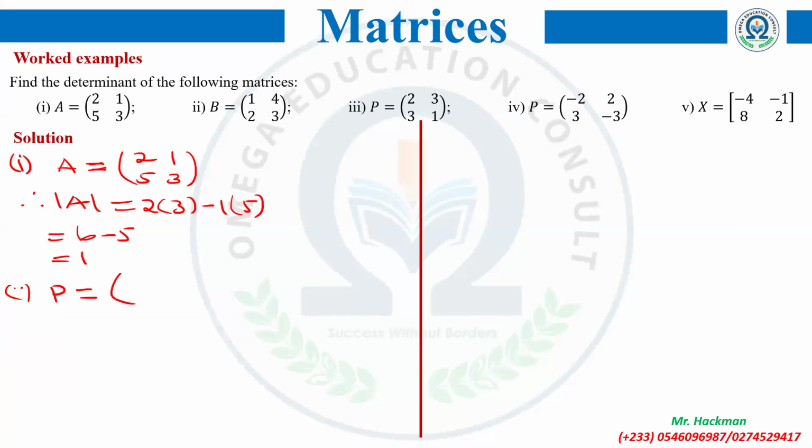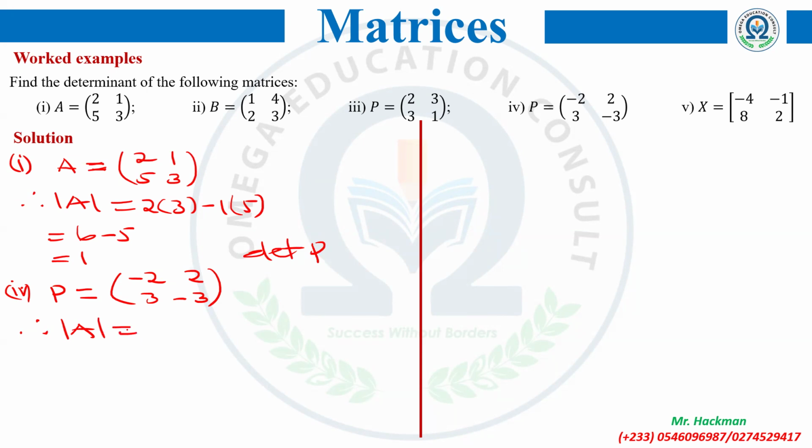So let's go and look at IV. Given P to be negative 2, 2, then 3, negative 3. Therefore, it's not P, it's the determinant of P. Someone can write that A or P, it is the same thing.